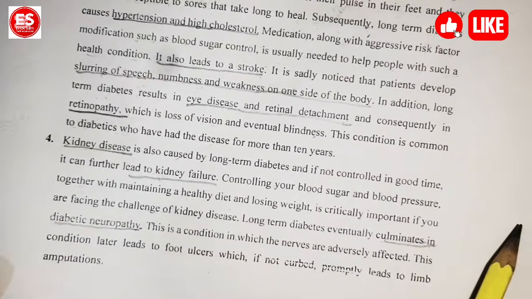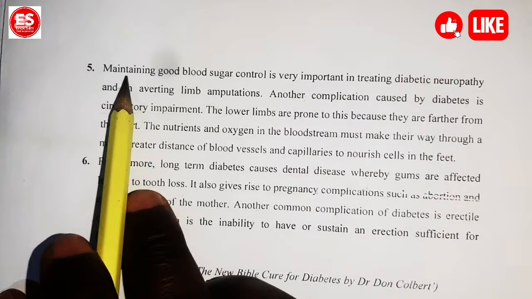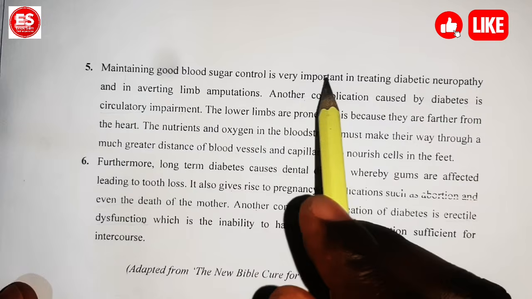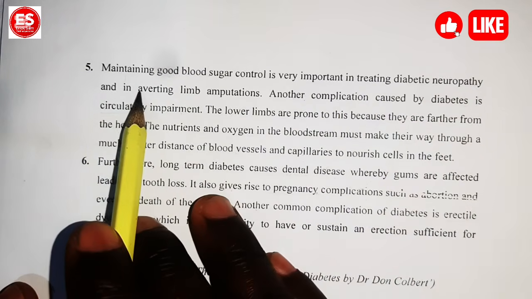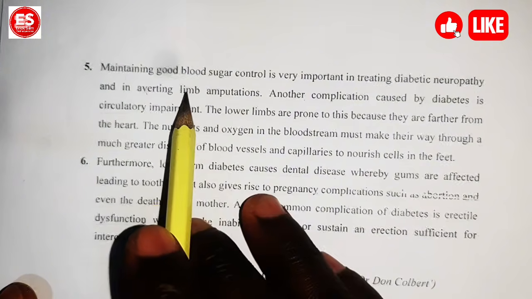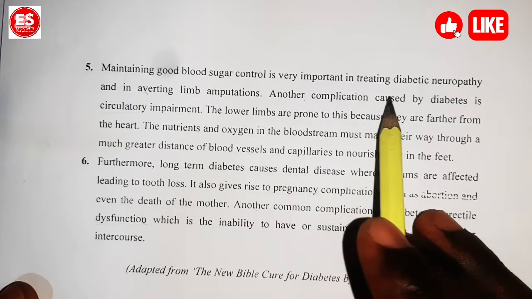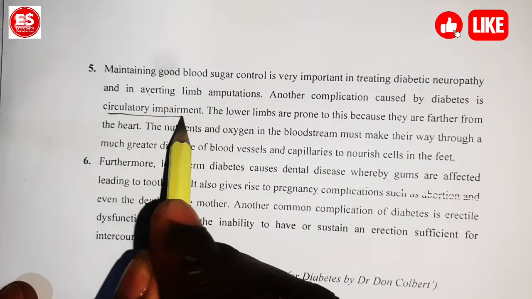Now, let's go to the next passage. The next passage is saying that maintaining good blood pressure control is very important in treating diabetic neuropathy and averting limb amputations. Another complication caused by diabetes is circulatory impairment.